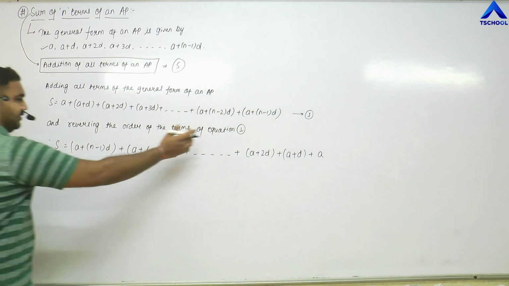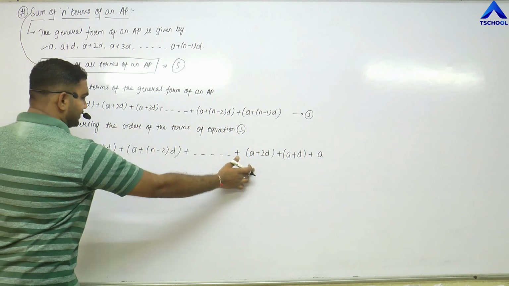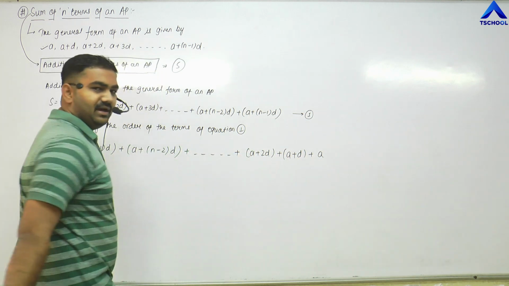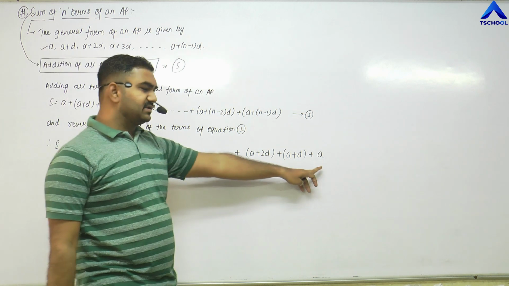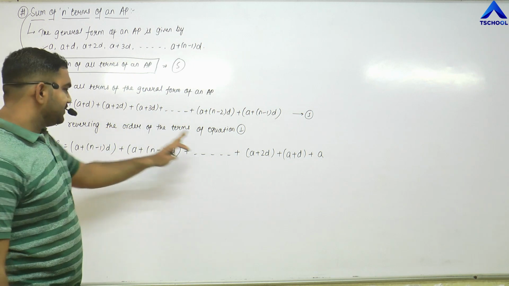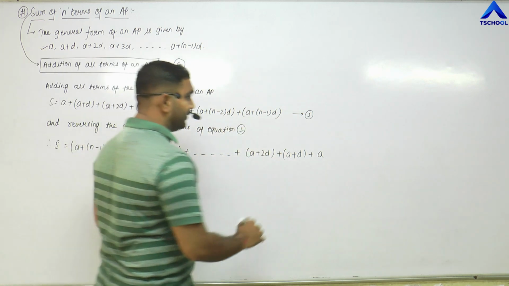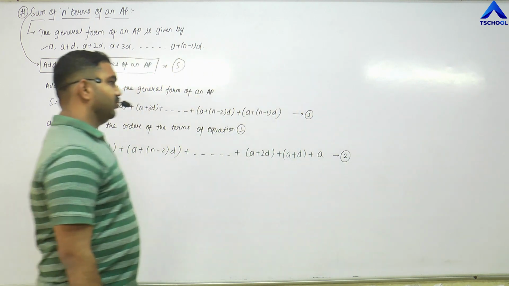See, I have written here, this is the first term, this is the second term, up to, this is the last third term, this is the last second term, and a, that is our last term. So the first term in equation 1 has become the last term now, the second term has become the second last term, and the last term has become the first term. So let me write this as my new equation, that is equation number 2.